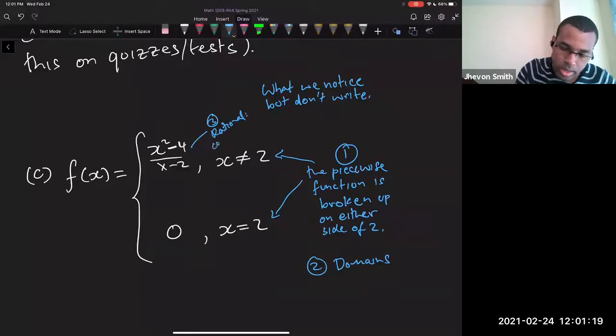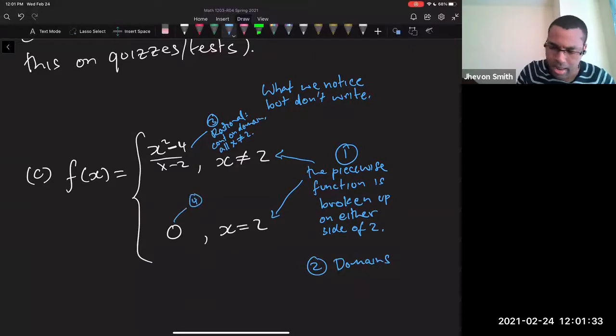So it's continuous on its domain. And the domain is all x not equal to 2. All right. Then I'm going to look at this guy. The fourth thing I'm going to notice is that, hey, that's a polynomial. That's continuous everywhere.